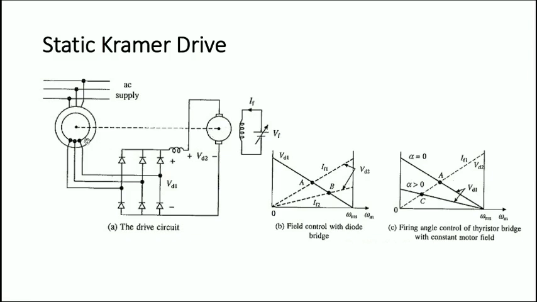If both are coupled, then they should run at the same speed. So if you change the speed of the DC motor, then obviously you can change the speed of the induction motor, because the total torque output of the system is the torque output of the induction motor plus the torque output of the DC motor.